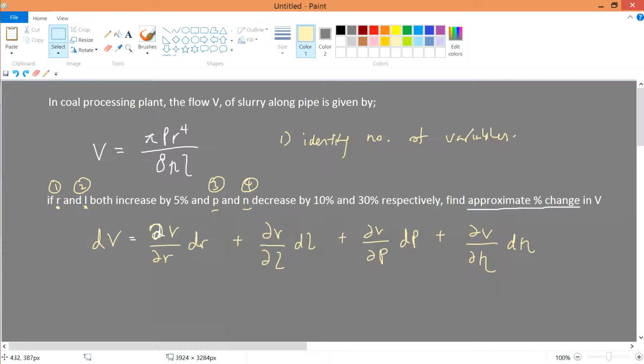So I'll just do up partial V and partial R. I think it's fairly easy. If you don't know anything about differentiation, I suggest you go and watch a video on it. Never mind, I'll just do it for you together.